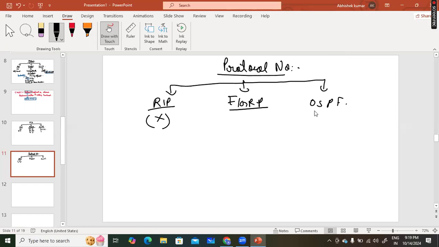And in the case of EIGRP, what is the protocol number, and OSPF as well? EIGRP is 88, OSPF is 89.